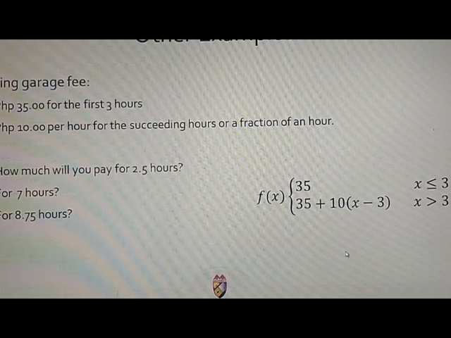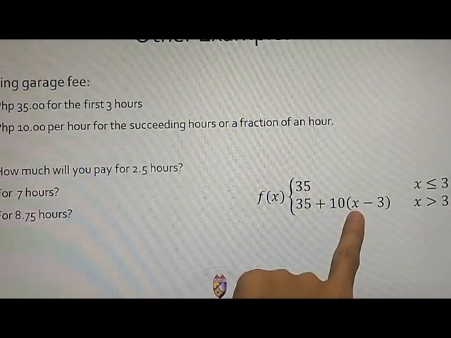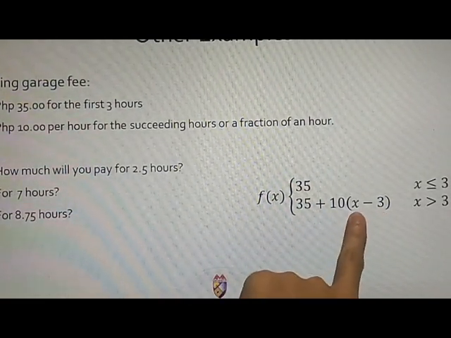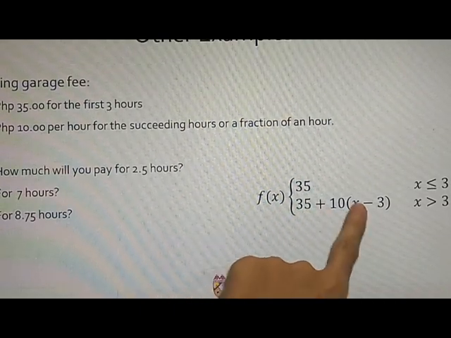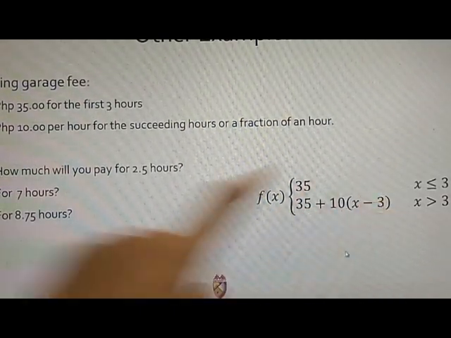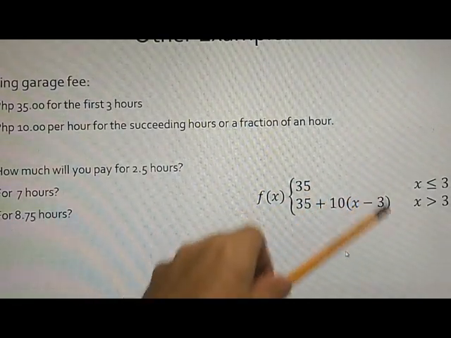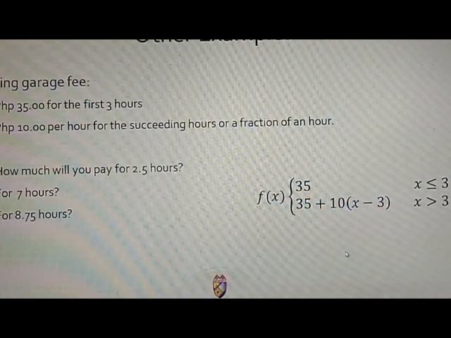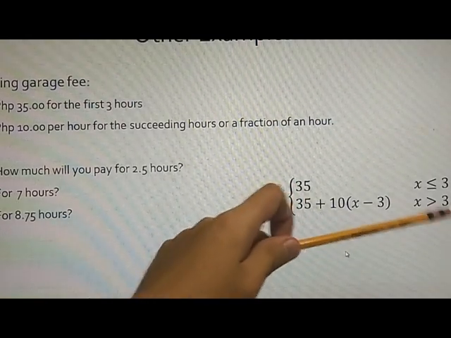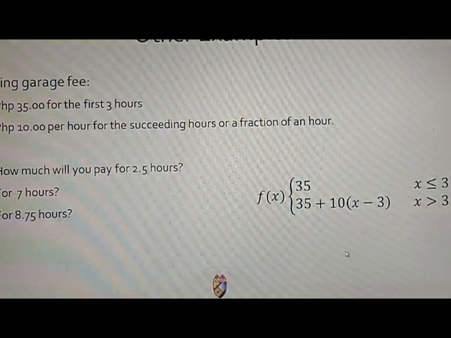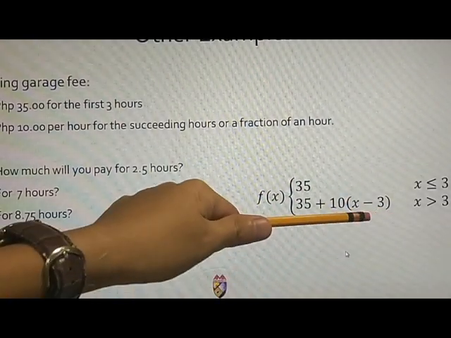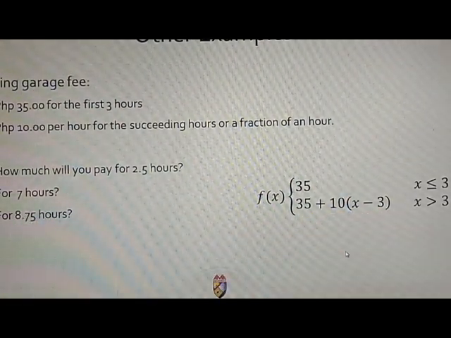Iba yung presyo ng unang tatlong oras doon sa mga susunod pang oras, kaya tayo nagbawas ng 3 dito sa x. So ang price nun is 35 plus 10 times kung ilan yung matitira kapag binawasan ng unang 3 oras. The condition here is where x is greater than 3. Kapag mas malaki siya sa 3, ganito yung magiging formula or function.